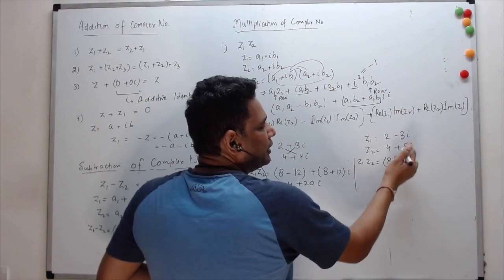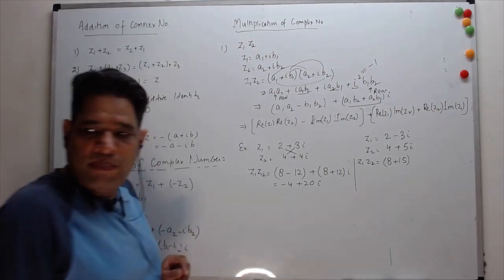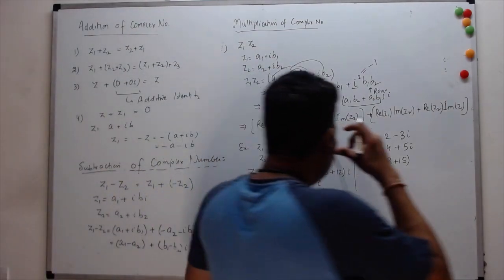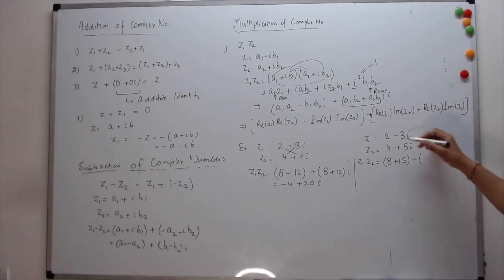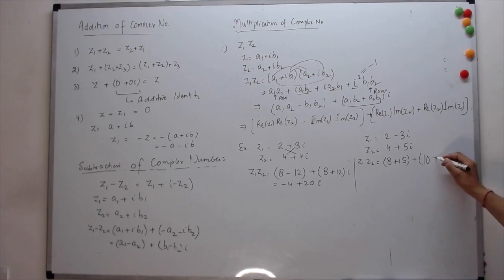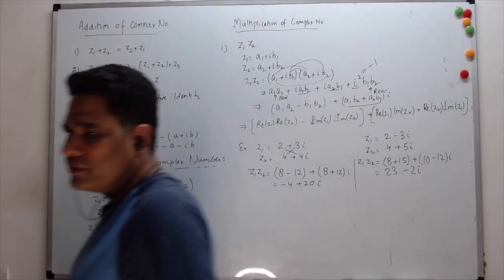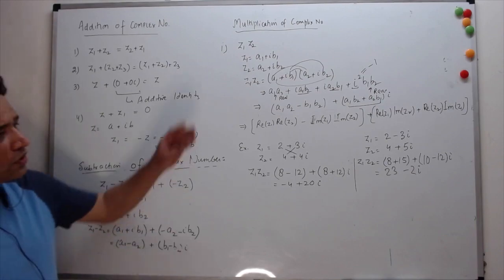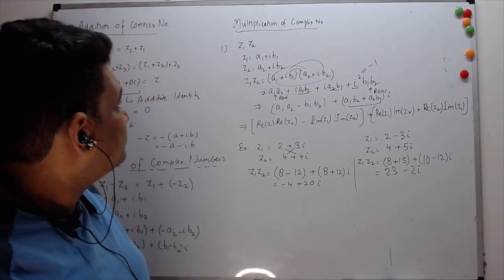So minus of minus 15 would be a positive 15. Plus you do the product, which is 10, and you do the product, which is minus 12 times I. So that gives you 23 minus 2 times I. That's the final value for the product as well. So that's how you perform the multiplication operation.